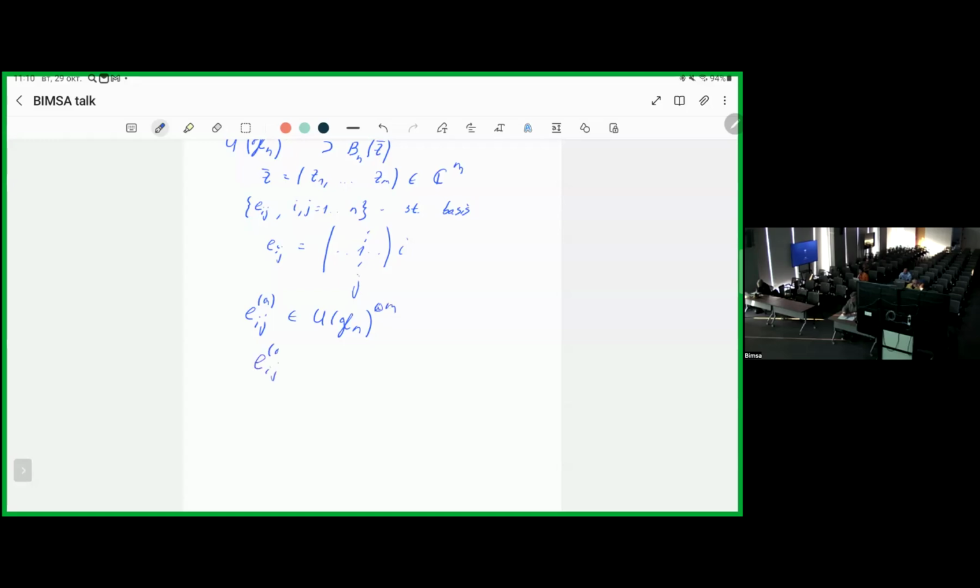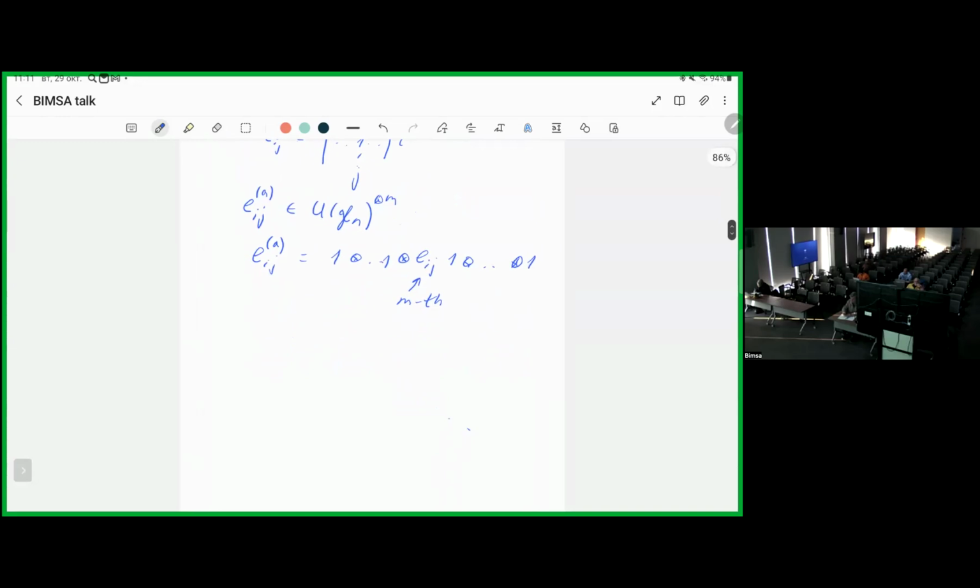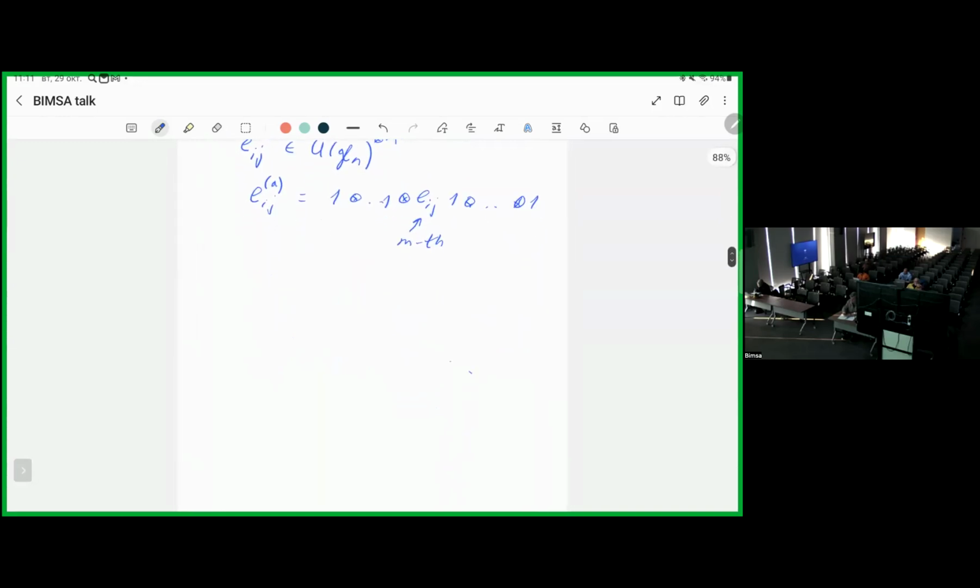By definition, in any tensor factor it is 1, and at the ath tensor factor, it is E_ij. So this is the mth place. Okay.